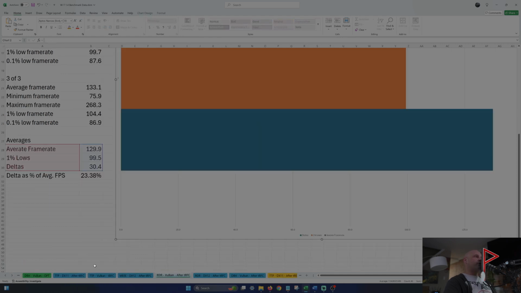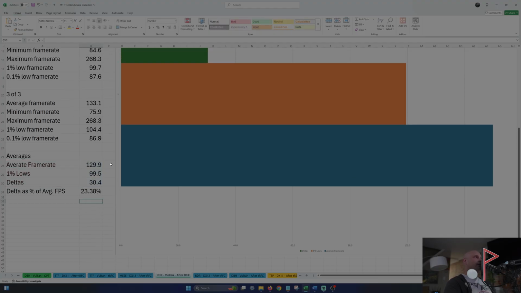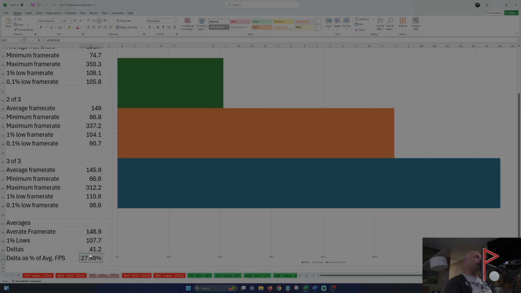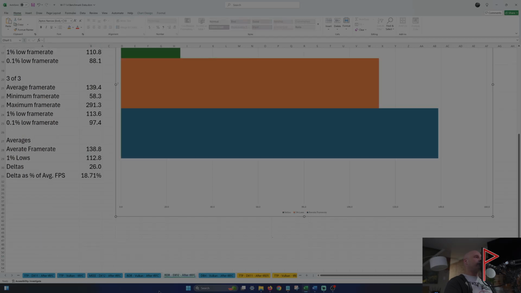Red Dead Redemption 2 in Vulkan after the tRFC adjustment, about 23%, 24%, 130 FPS. Very nice delta there. In Vulkan compared to stock, about 28%. Not much of a difference there, but a greater difference will be observed later once you see what tREFI does. So that's Vulkan.